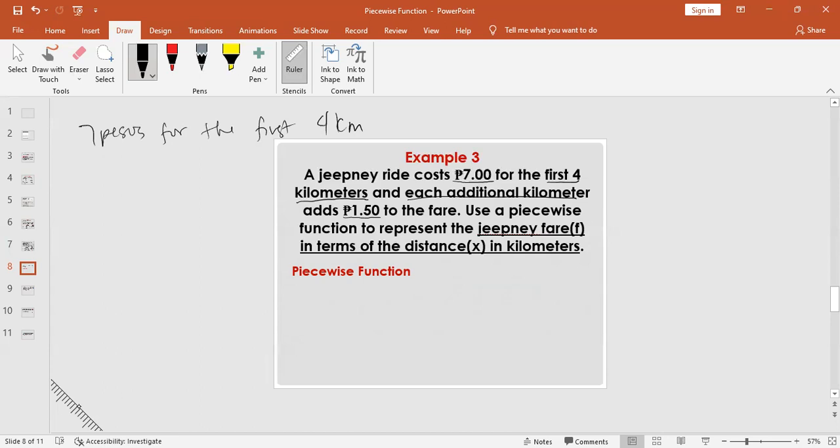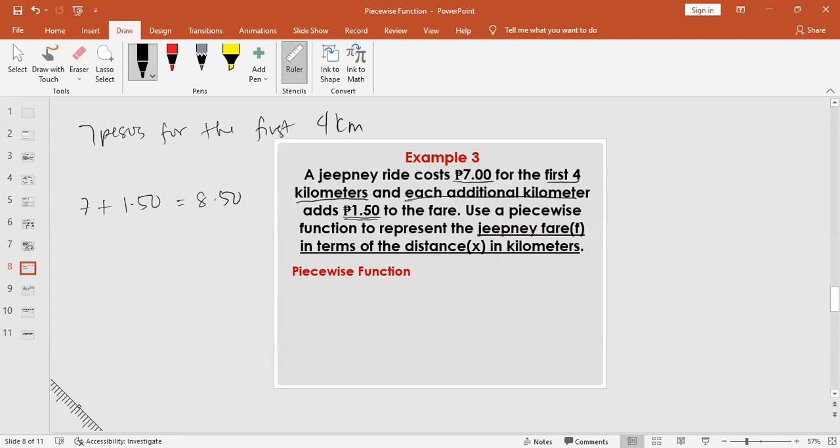Pero, kung lumampas ka ng kilometro, may additional daw na 1.50 kada kilometro. Okay? So, paano pag 5 kilometro yung binyahe nyo? So, 7 plus 1.50, di ba? So, magiging 8.50 yung babayaran yung pamasahe.